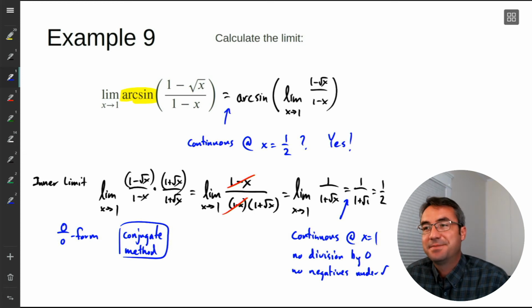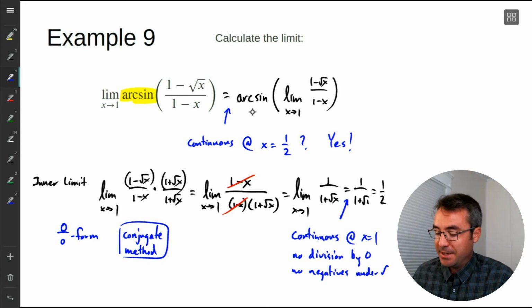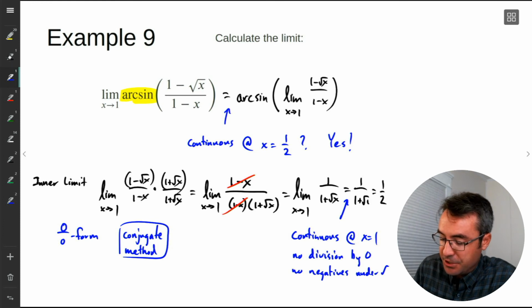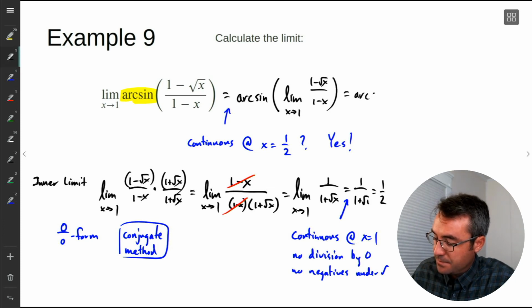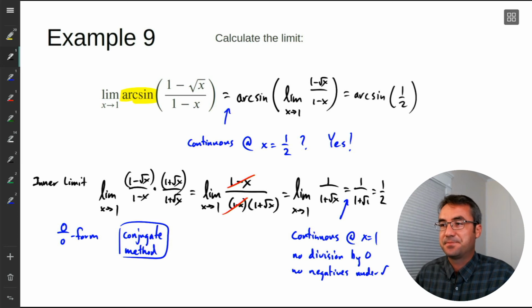So we were okay in doing that step. We know arc sine is continuous at x equals 1/2, so this was correct. We could actually bring the limit inside, and now we know what this limit is, so let's fill it in. It's 1/2. So this whole thing ends up being the arc sine of 1/2. Nice. All right.